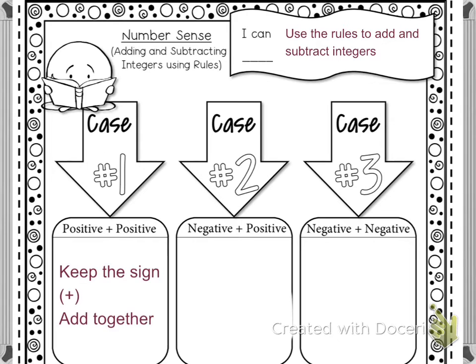Our second rule, if we have a negative number plus a positive number, so 1 negative and 1 positive, you're going to subtract the 2 numbers, and whichever number is larger, you're going to keep the sign of that number. So let's talk about what that looks like.